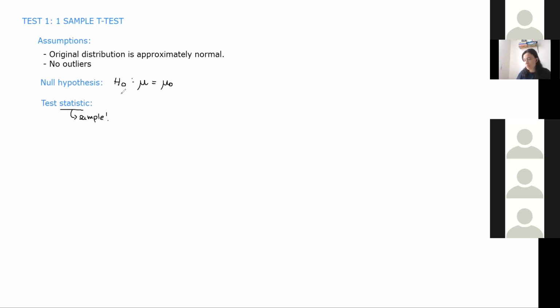Here this test statistic is called T. It's going to be the mean for my sample, x bar, minus the value that I'm comparing this to, mu naught, which is mu with a little 0, divided by the sample standard deviation, the whole thing over the square root of the sample size.